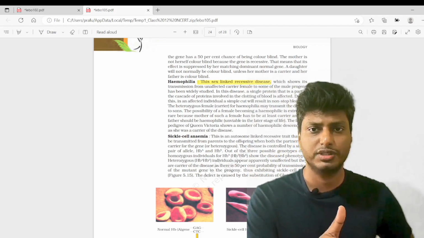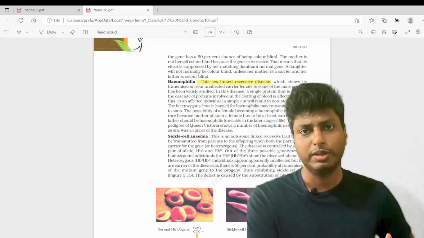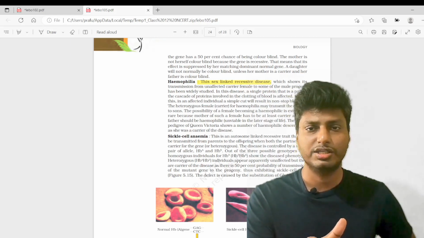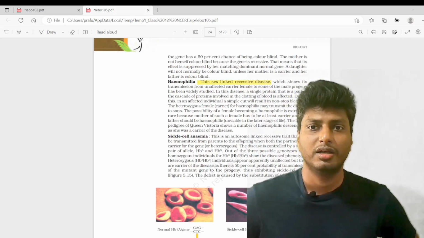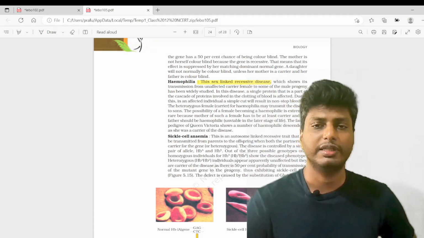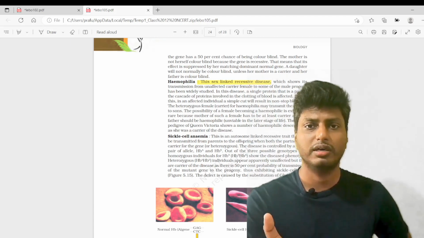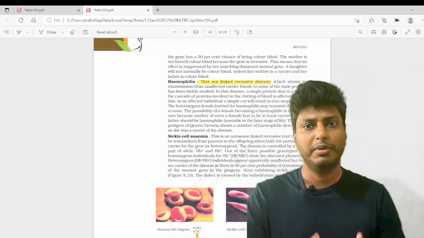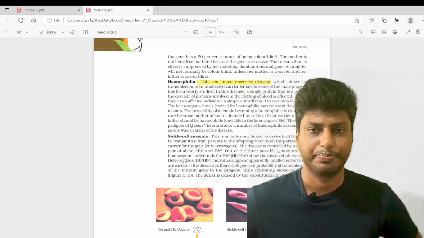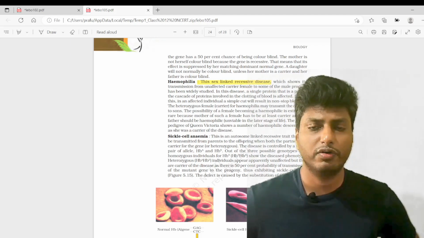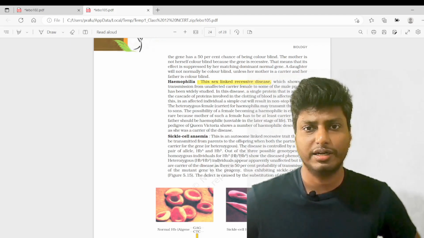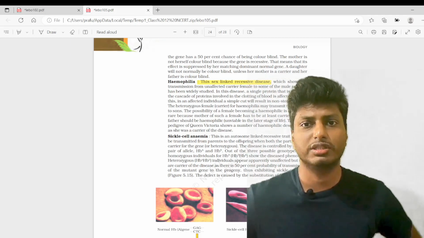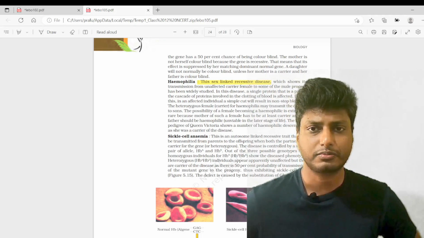In that condition the female will be a carrier of that particular disease. So in short, the female will be normal and won't suffer from hemophilia. Only in certain conditions might she show the symptoms.